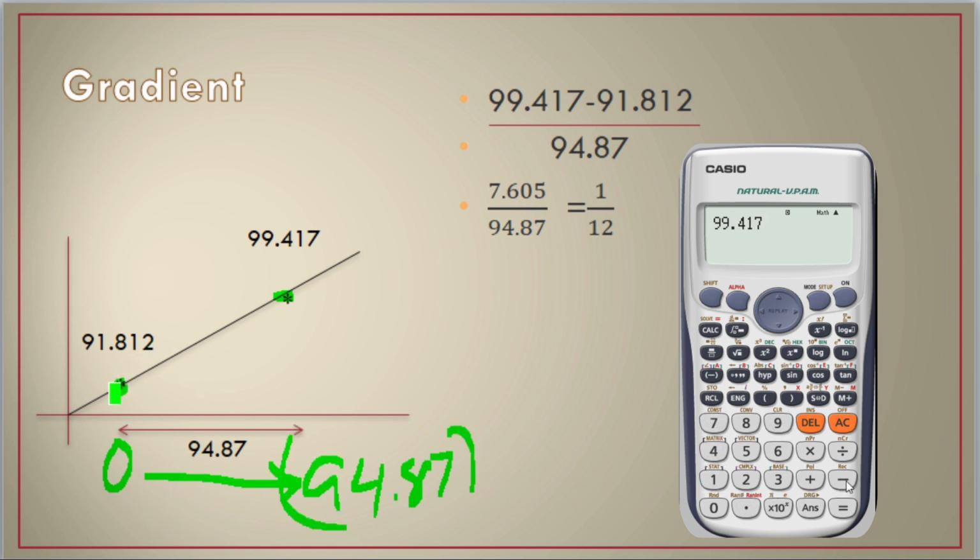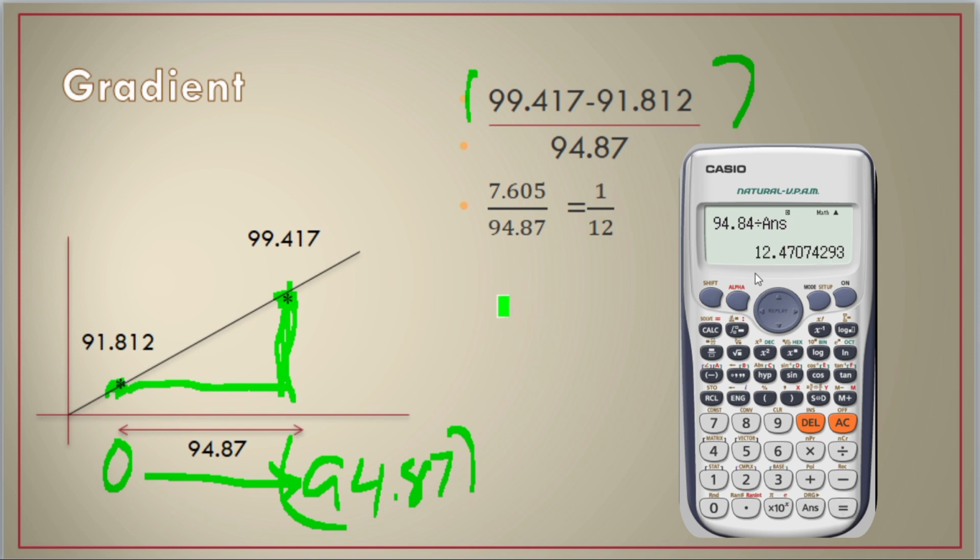Then the interval between these two, this distance from here to here, that is the interval between those two, that will give you the distance that is found on the upper part of the calculation. So by simplification of that, our gradient becomes 1 into 12.